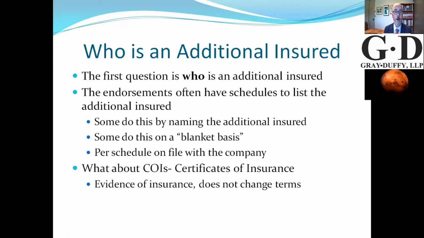This creates a lot of problems. Some states have pretty clear case law or statutes that say you don't consider the certificate of insurance. They might be evidence of some agreement, written or oral, between the additional insured and the named insured, and that will require some investigation to figure out what's going on there.